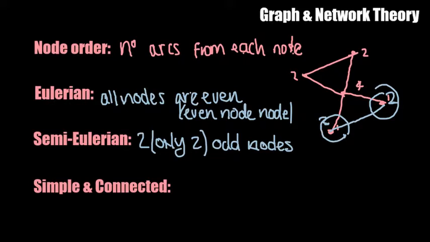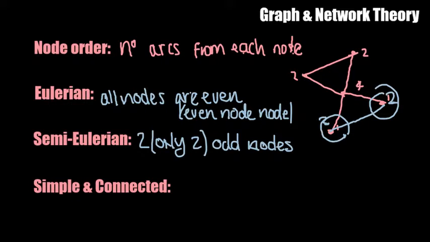And then very particular to the way that OCR have started to be structuring their exam questions, this is particularly relevant if you are studying the OCR exam board, is that graphs can be simple and or connected. And quite often questions will start going, a simple graph is, a connected graph is.